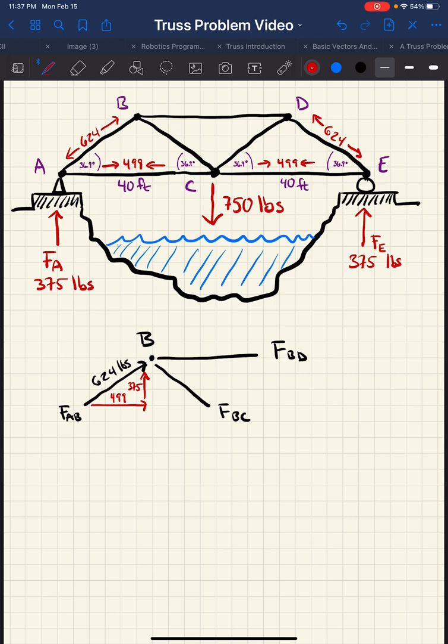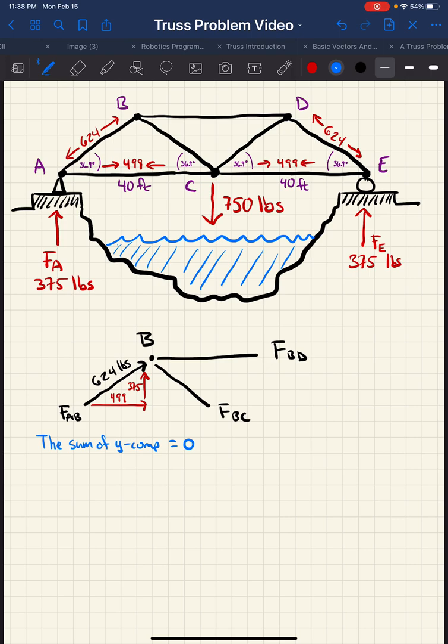And that's going to be important because the sum of the y components is 0 because it's not moving.